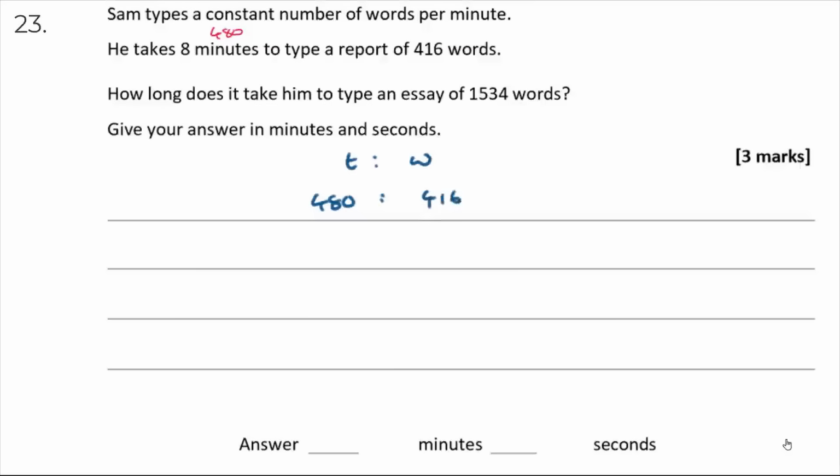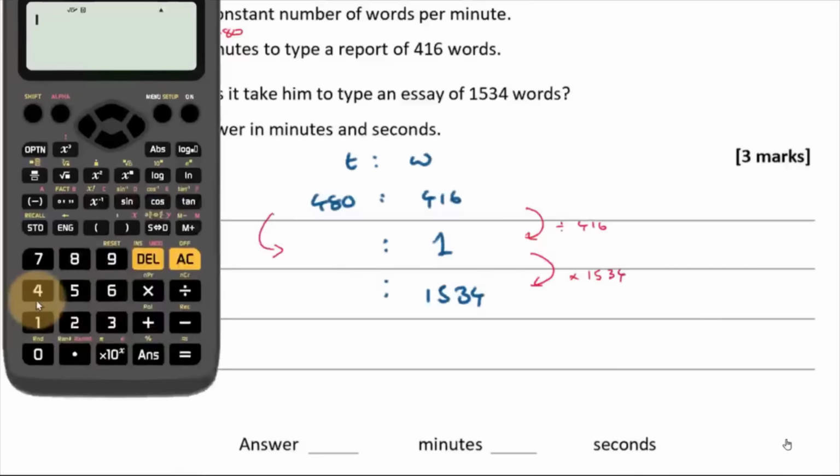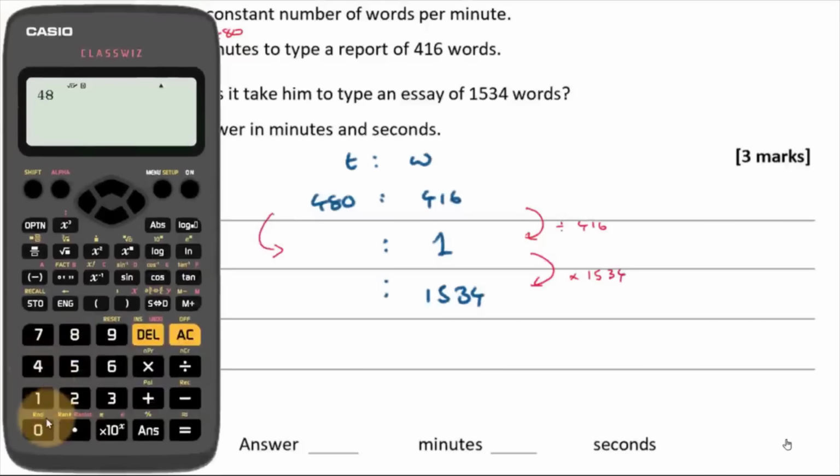416 words. Now I want to know how long it's going to take him to produce 1,534 words. So I can use something called the unitary method and go via 1, by dividing by 416 and then multiplying by 1,534. If I do the same thing this side, 480 divided by 416 comes out to be 15 over 13.